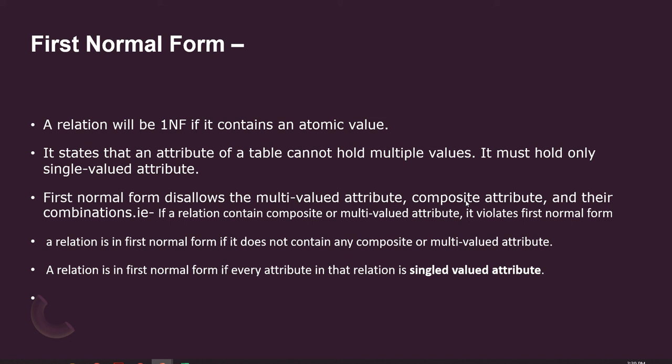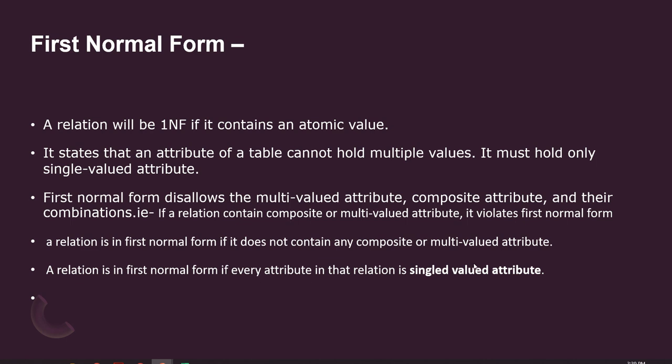That is the meaning of multi-valued attributes. Composite attribute means something like address. The address mainly consists of the house name, street number, city, etc. So that is a composite attribute or combination. If a particular attribute value in a table is of any of these types or any combination of them, it is not in 1NF. In order to make this table into 1NF, you have to avoid multi-valued and composite attributes.